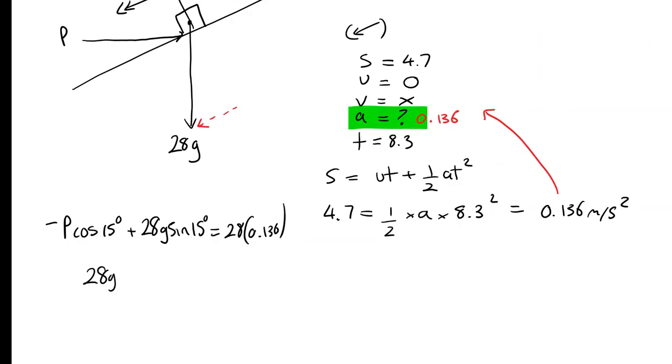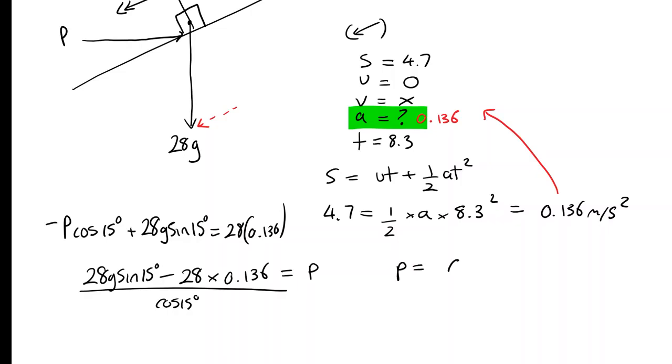The 28g sine 15 degrees minus 28 times 0.136 is equal to P cos 15 degrees. And then we can divide both sides by cos 15 degrees to isolate P.